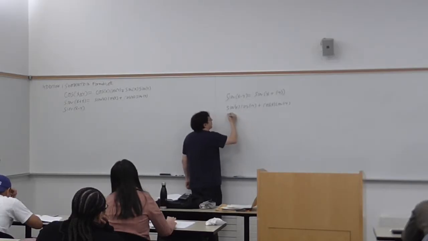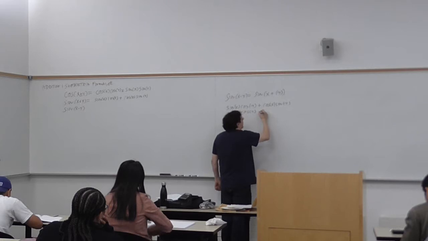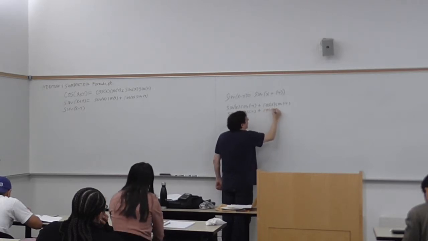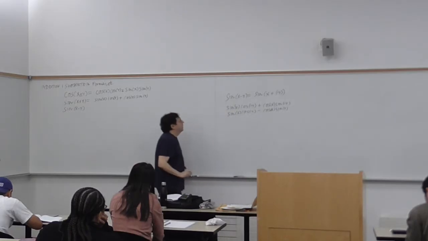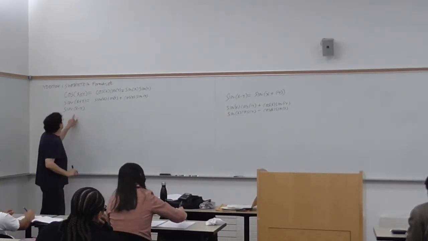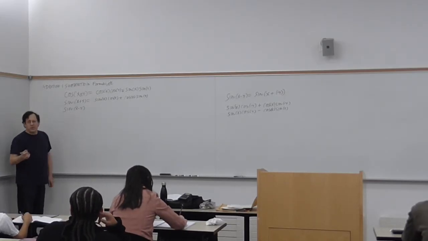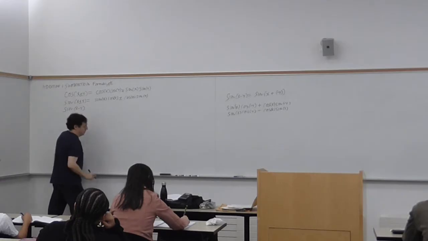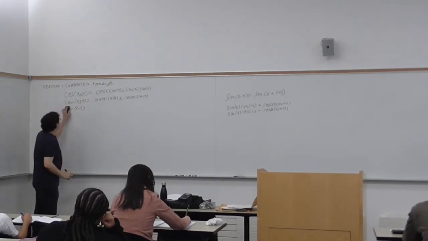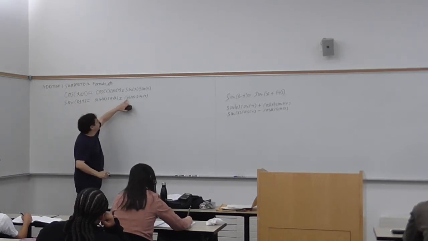Cosine of minus y is just cosine of y. Cosine of x, sine of minus y is minus sine of y, so I just need to make this a minus. So once again, you can see I can use a little shorthand here. I can just put a minus here and a minus here. And you just have to understand sine of x minus y is sine x cosine y minus cosine x sine y.